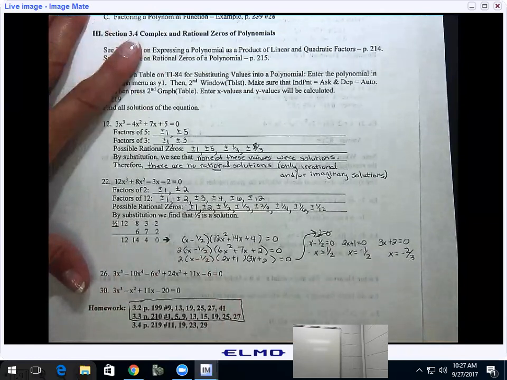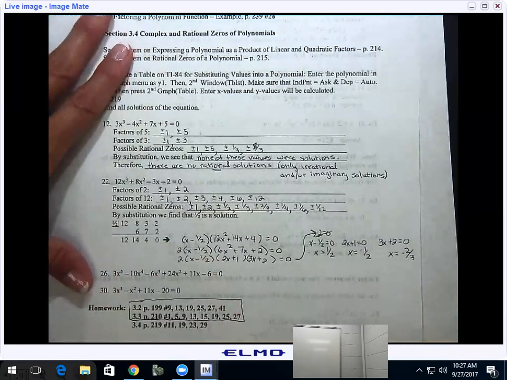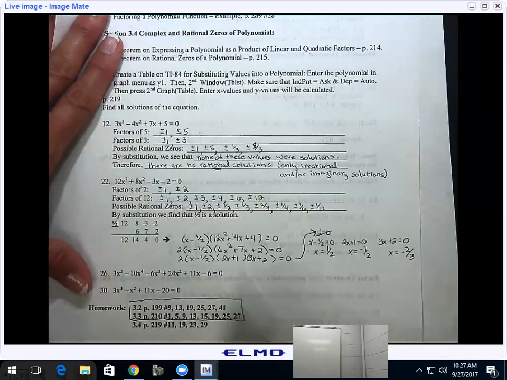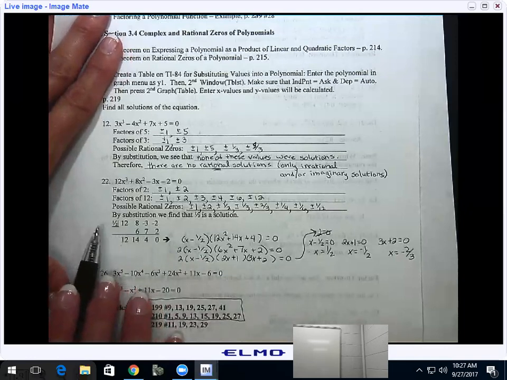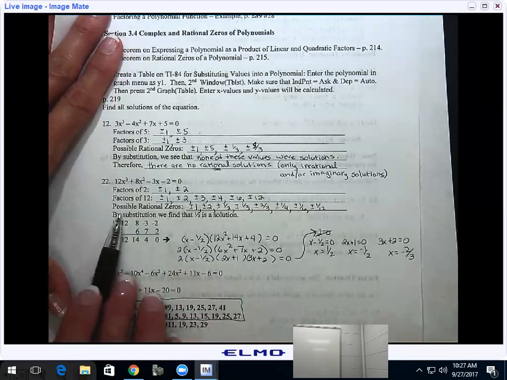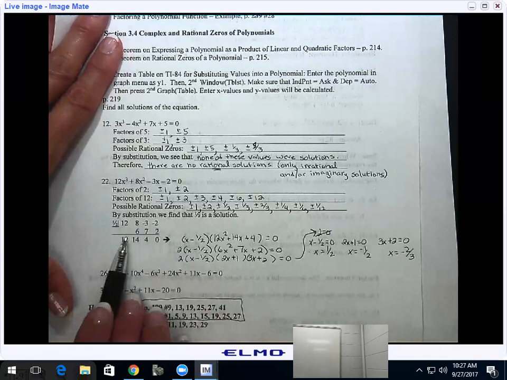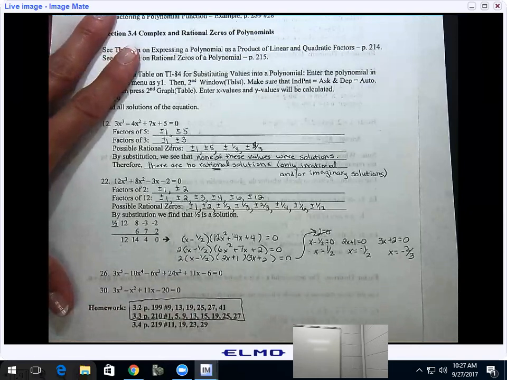If I had just started trying numbers randomly, I might not have ever thought to try a half. I never would have found the first rational zero. So the rational zeros theorem helps me find that first rational zero so that I can factor something I could never factor before in order to solve something I could have never solved before.